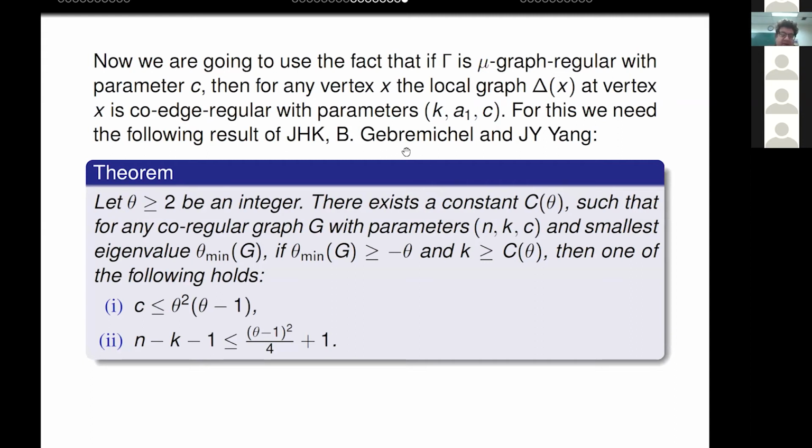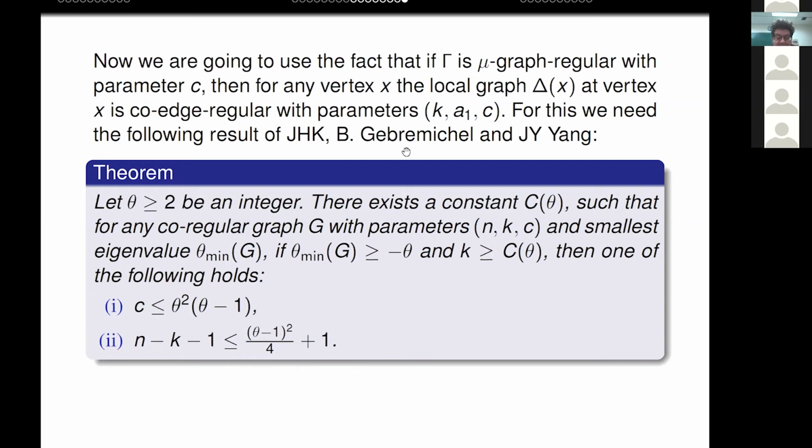Let theta be an integer, at least 2. Then there exists a constant c_theta such that for any co-edge regular graph with parameters n, k, c and smallest eigenvalue theta_min, if theta_min is at least minus theta and k is at least c_theta, then one of the two following holds.